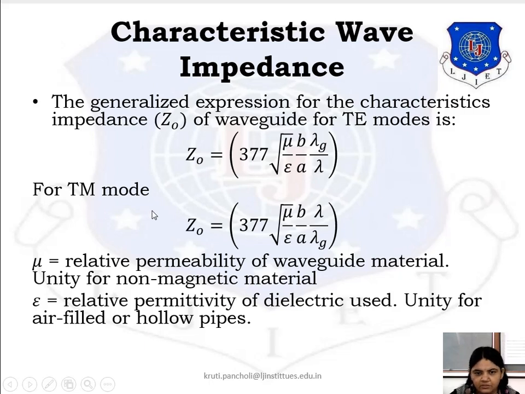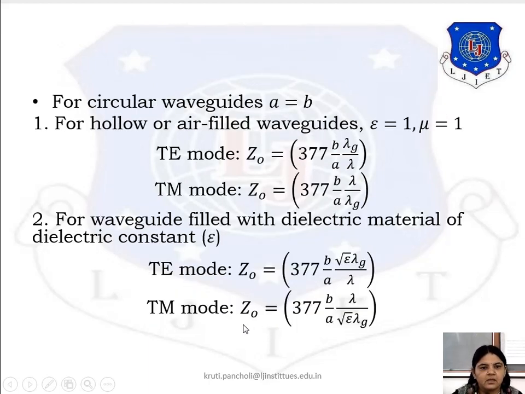So by putting in all the values we can find the characteristic wave impedance for the TE as well as the TM mode. For the TM mode, Z0 is equal to 377 square root of mu upon epsilon, b by a, lambda upon lambda g. For the circular waveguide, a is equal to b.